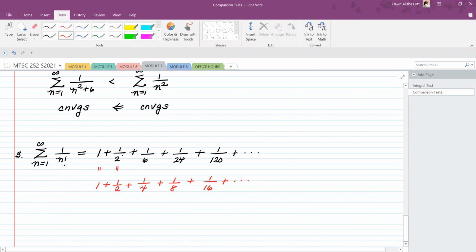But the 1/6 is certainly less than 1/4. And the 1 over 24 is certainly less than 1/8. And then the 1 over 120 is certainly less than 1 over 16.